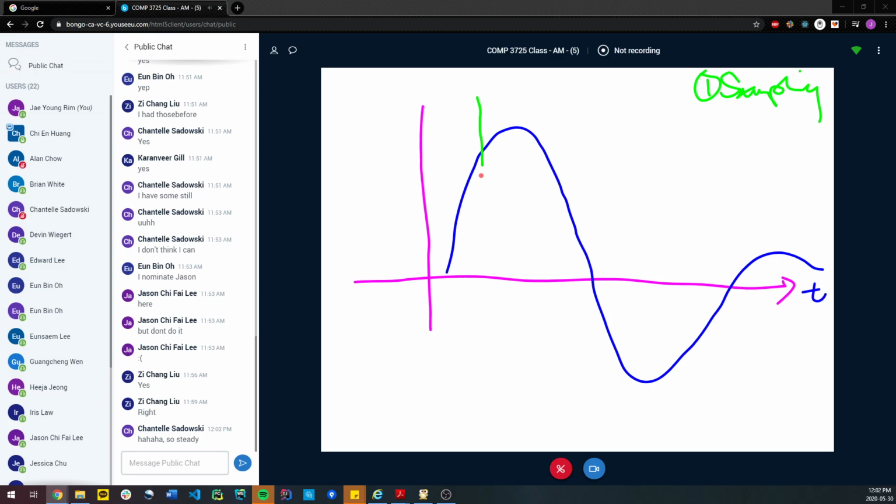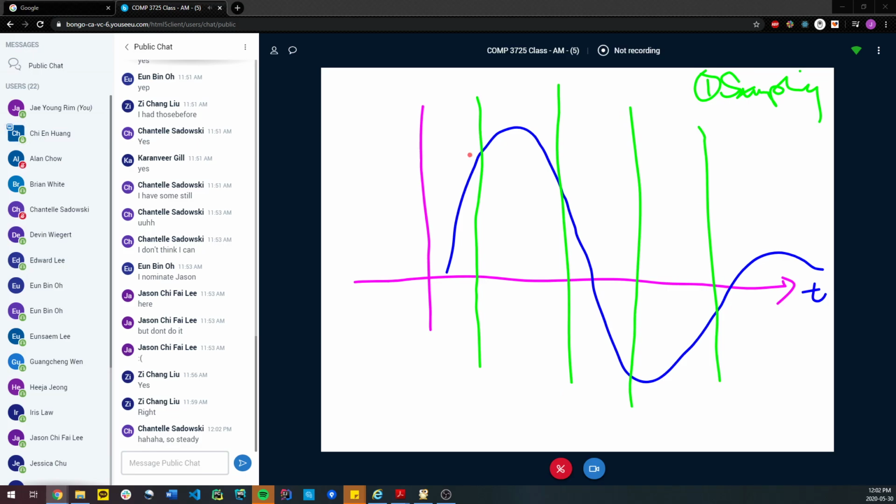I'm going to now, at certain time points, capture Jason's yawn, which means every time I sample, I'm going to get this dot here, and this dot here, and this dot here, and then this dot here. Okay, so this is sampling.